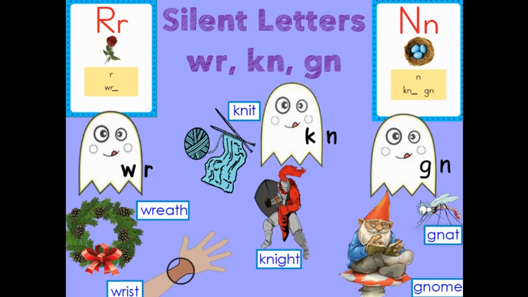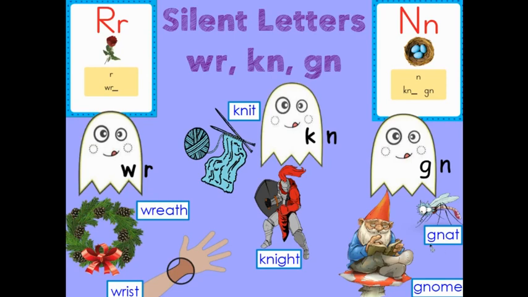The third consonant digraph that we're going to be working with this week is GN. For this consonant digraph, the letter G is the ghost letter. So we're not going to say the G sound, we're just going to say the N sound. Like this word, gnat. A gnat is a tiny fly-like bug.